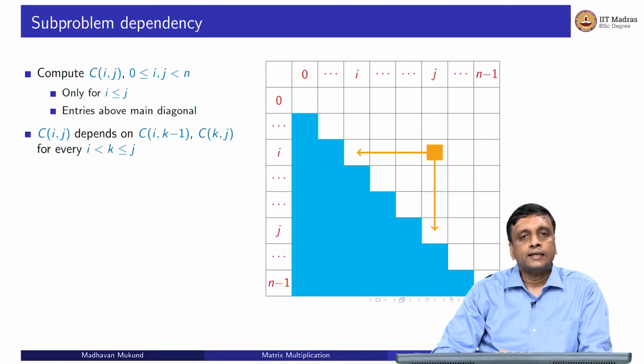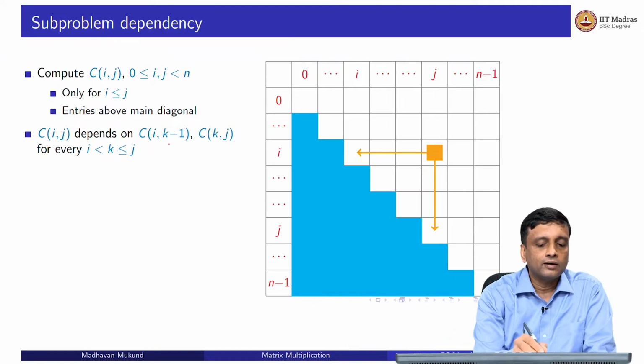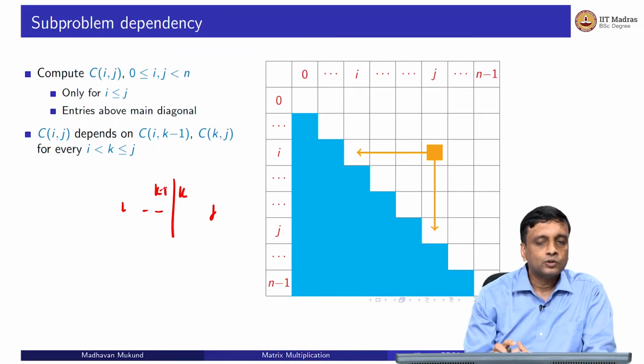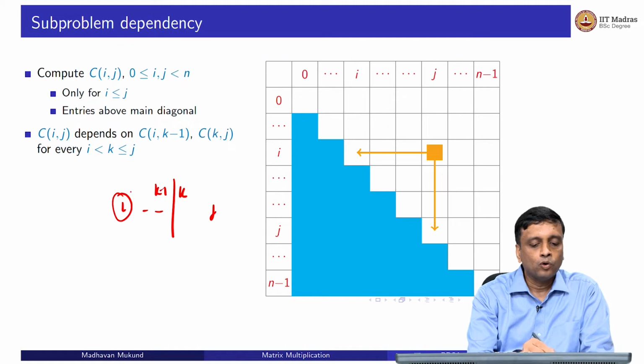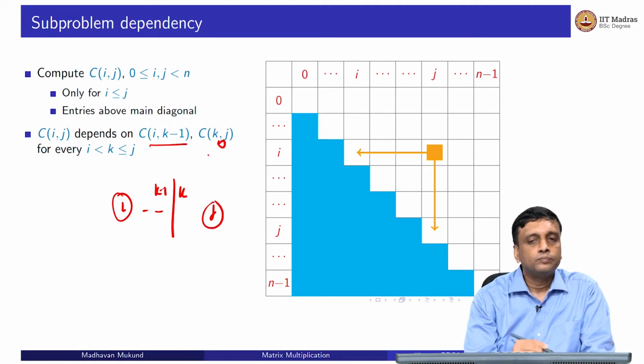The other thing is that our matrix product says that C i j depends on C i to k minus 1 and C k to j. Remember, I have i up to j and I am splitting it at some k minus 1. So there is some value of k between i and j where it splits. And if I try to look at what that means, it means that I am looking for a value in the same row to the left and in the same column but below, right.